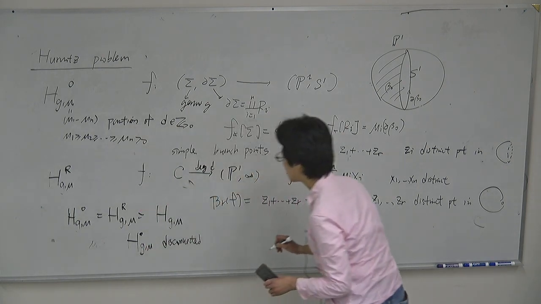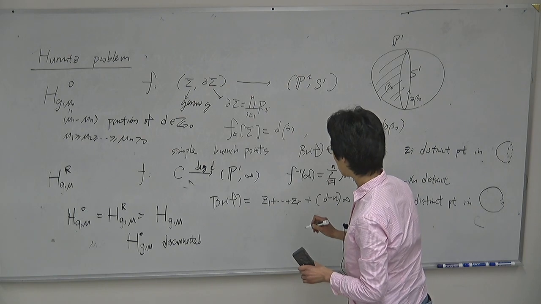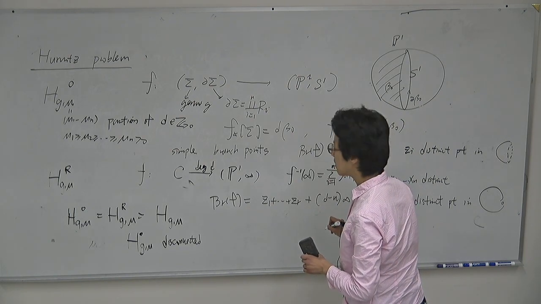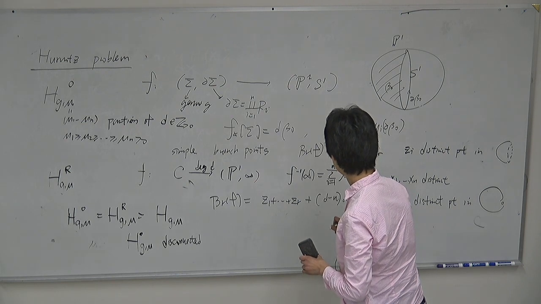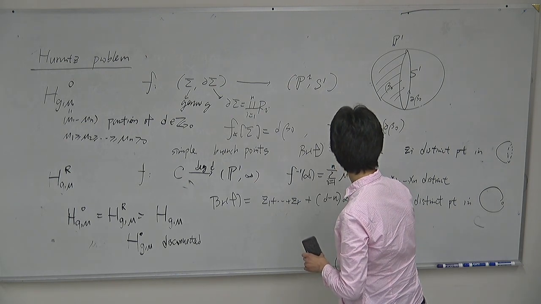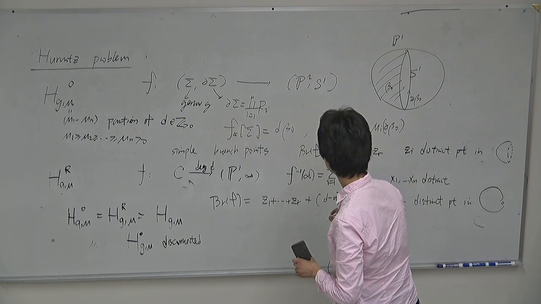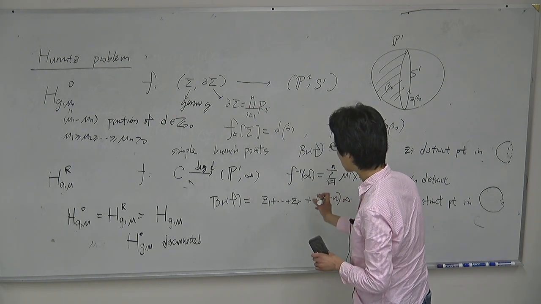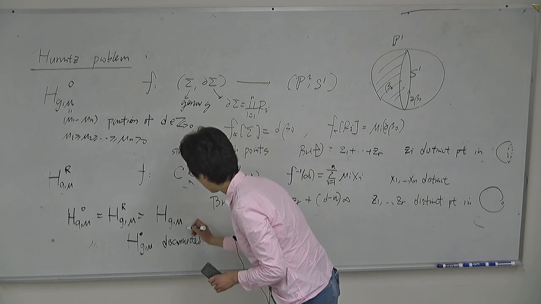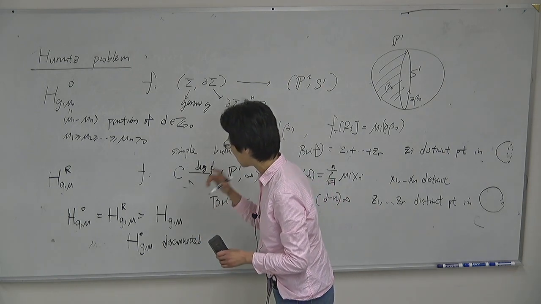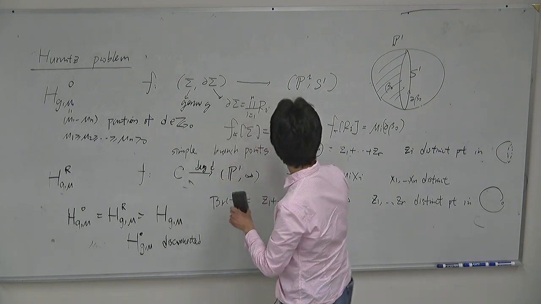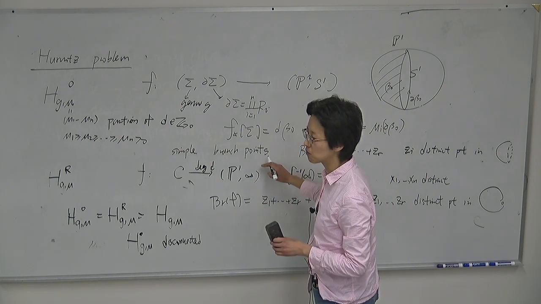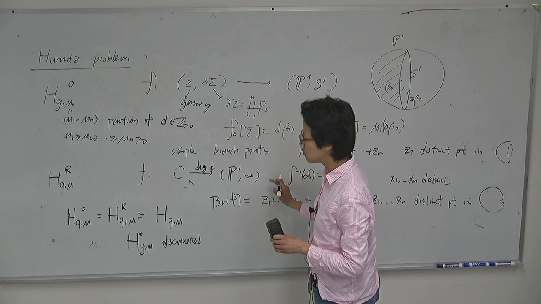It looks like you consider not one divisor but several divisors, because each multiplicity of tangency will be with a different divisor. In the relative situation as well, yeah. So relative, I'm just saying that now it's just one. In general, in the Hurwitz problem the target can be any genus, relative to several points.